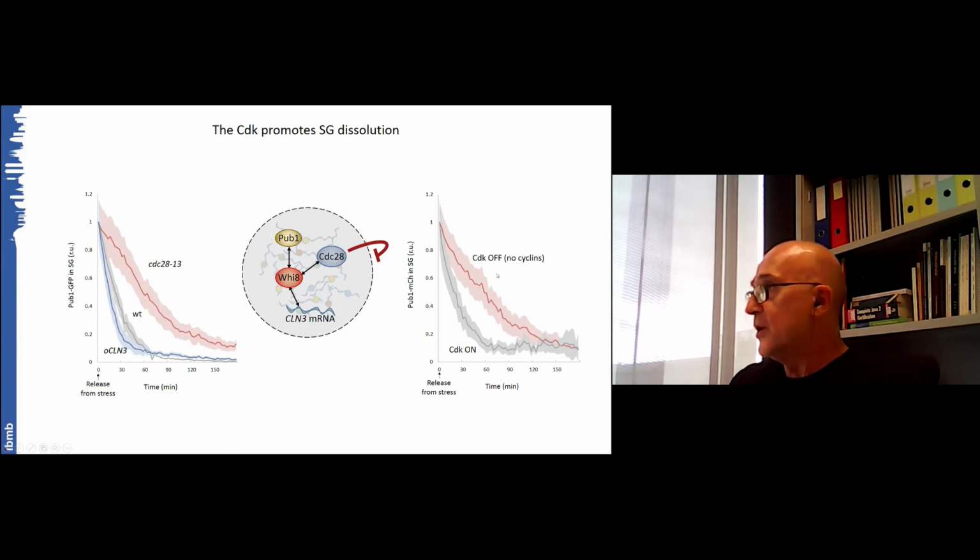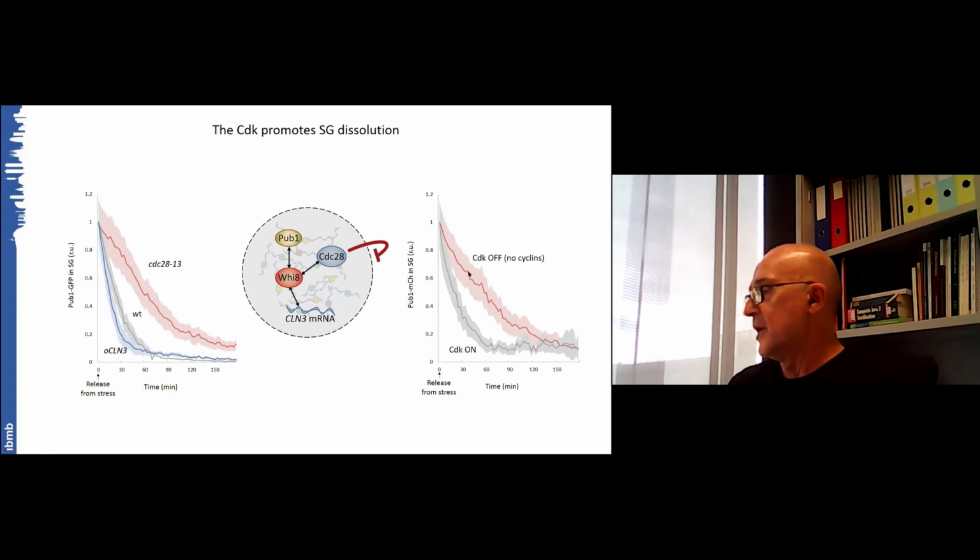Then we also used another approach where, instead of affecting the CDK, we were able to get rid of all G1 cyclins. And without G1 cyclins, the cell rests in G1 with no CDK activity. So it's another way to downregulate CDK activity, but now not affecting the CDK itself, just the partners. And again, we found pretty much the same result.